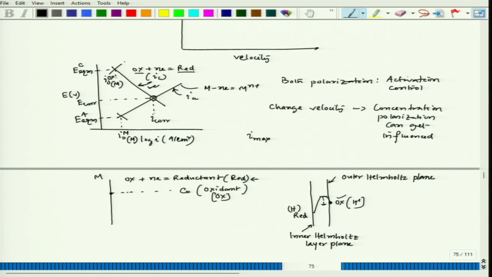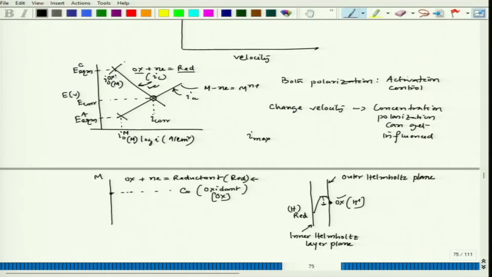So, once this particular outer Helmholtz plane gets depleted of this hydrogen ion, which here as an example we have taken as oxidant, then the process will be controlled by the diffusion of hydrogen ion or the oxidant from the bulk to the outer interface.